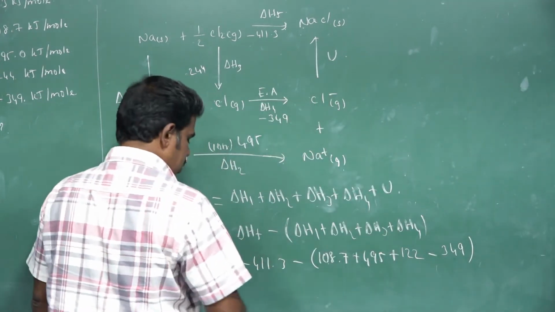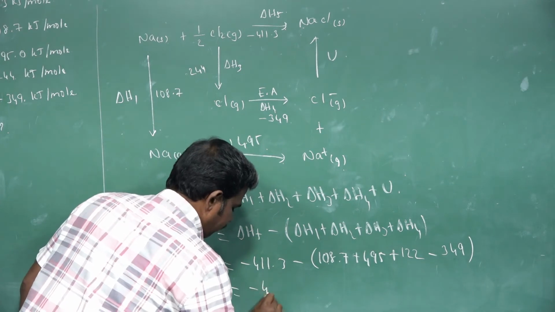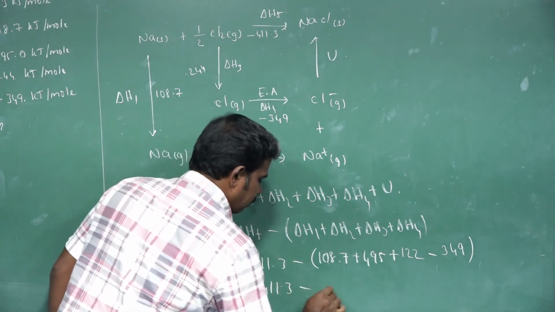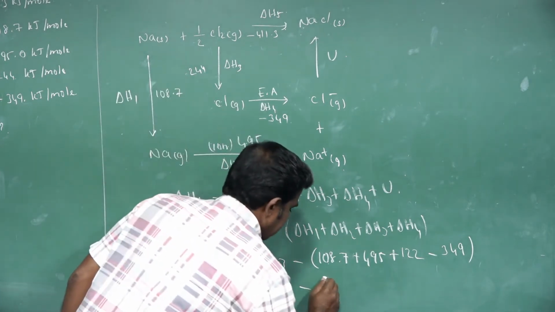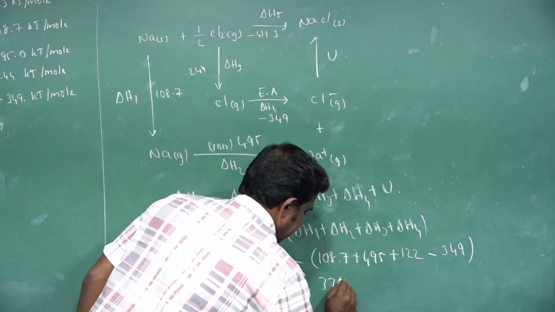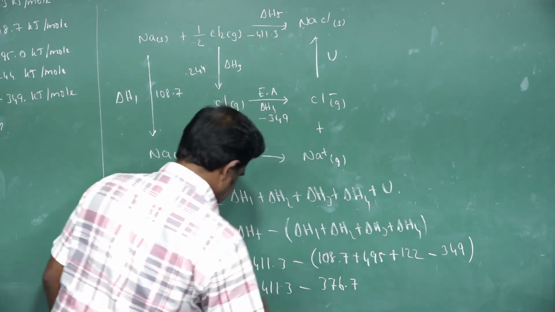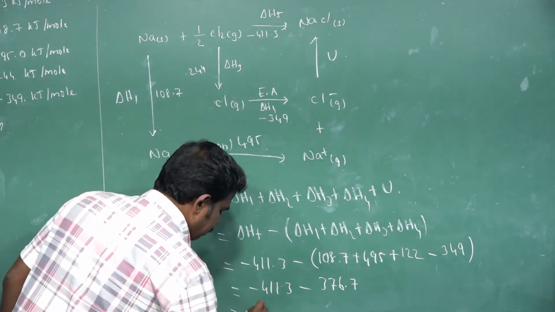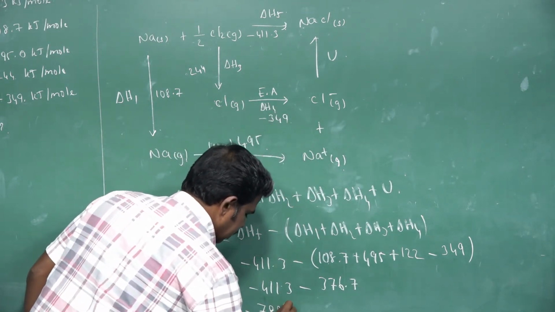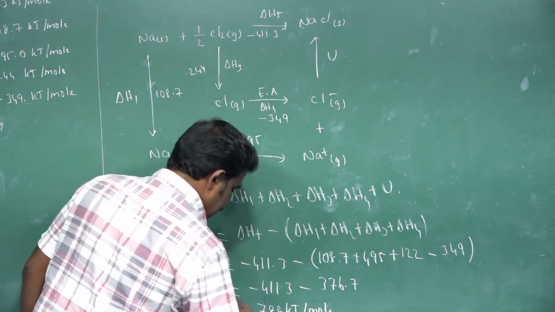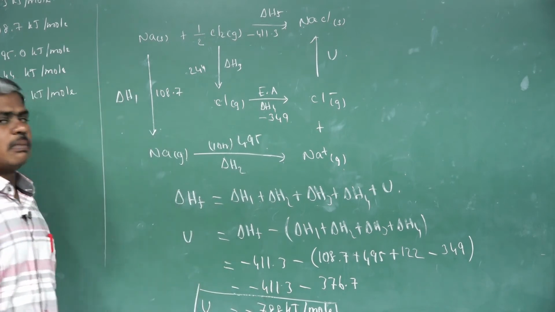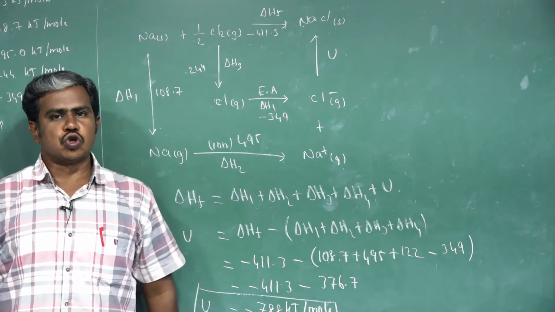Then it is nothing but U. So it is minus 411.3 minus, by summing up, we are getting 376.7. Then the U value is minus 788 kilojoules per mole. So here the lattice energy is minus 788 kilojoules per mole.